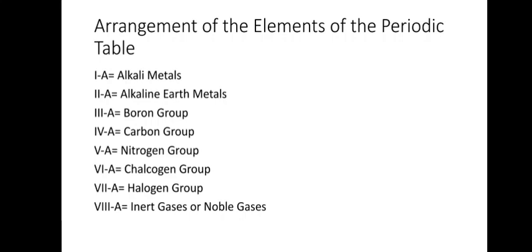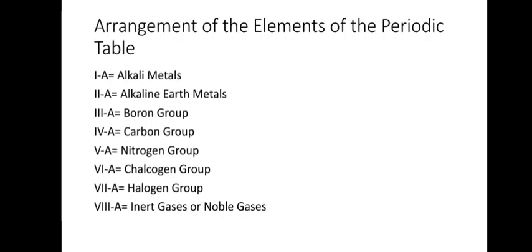For 7A we have the halogen group. It starts from fluorine, which is 2nd from the right, to chlorine, bromine, iodine, astatine, and more of them. And lastly, we have 8A, inert gases or noble gases. It's the right one.